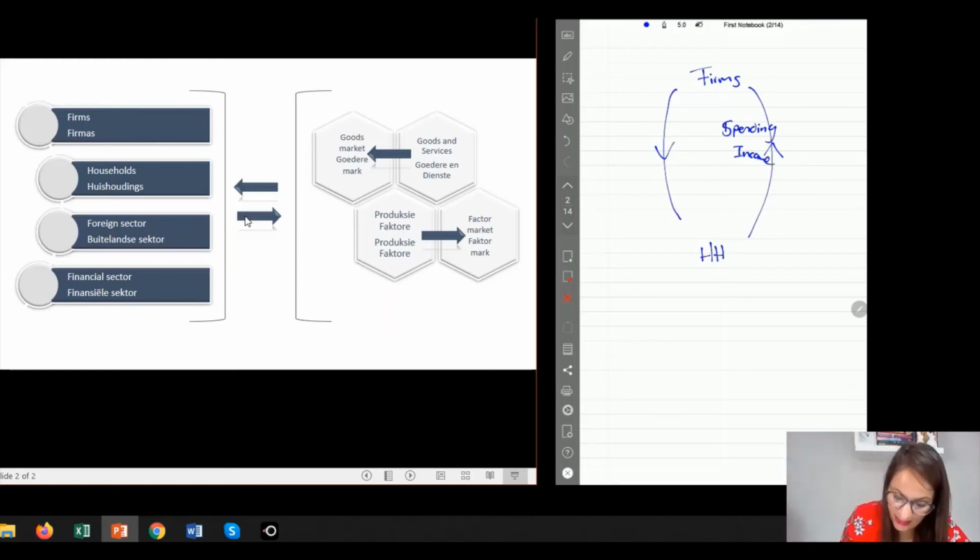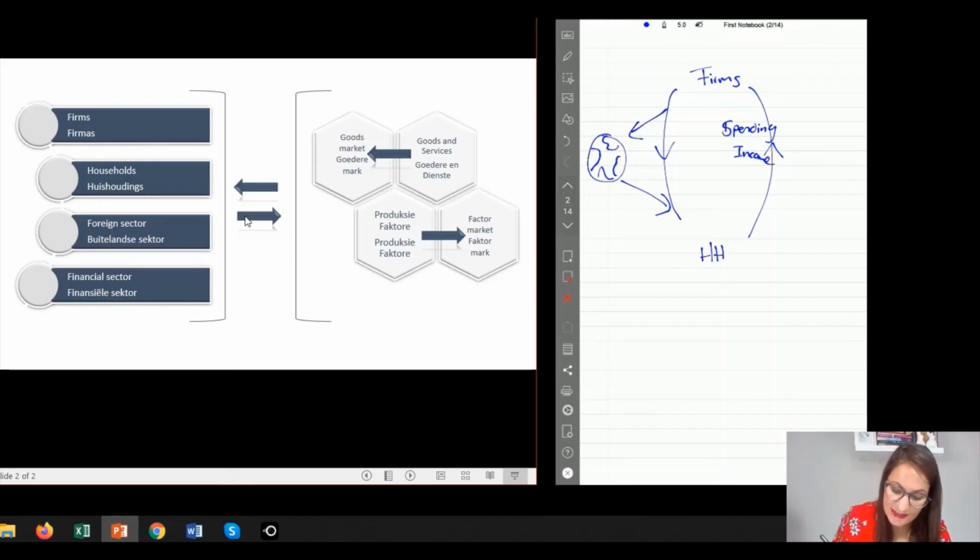And then here you have the rest of the world. And two things can happen. Money can flow to and from. You can see it's money flowing from our cycle to the rest of the world.